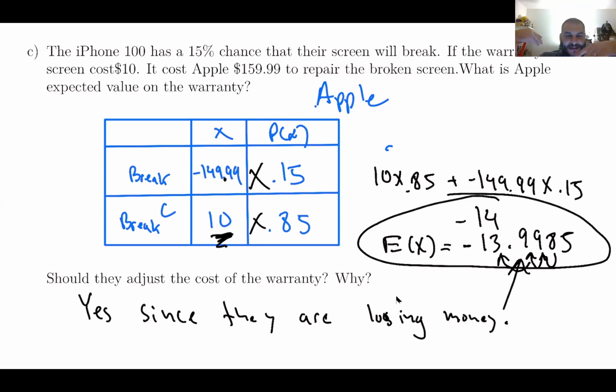Just remember, just like I said last class, you have to look for the keyword that directs you on what to do. So as soon as they say expected value, you should already know you have to multiply the x times the p of x. Once you multiply all the x times the p of x, you want to add them up. All right, everybody good for that before we move on down?